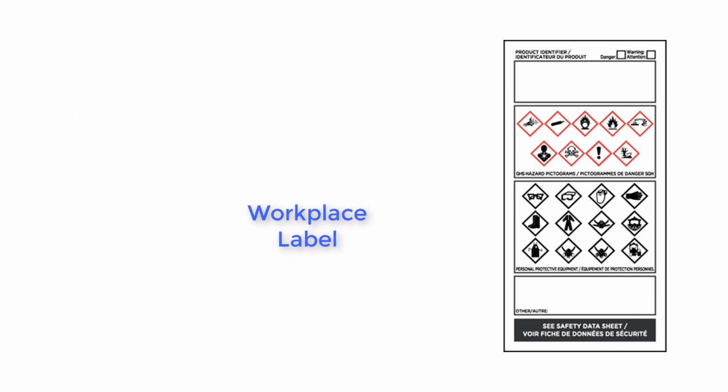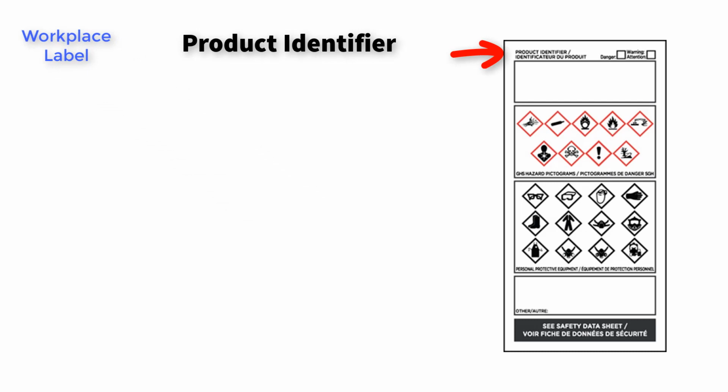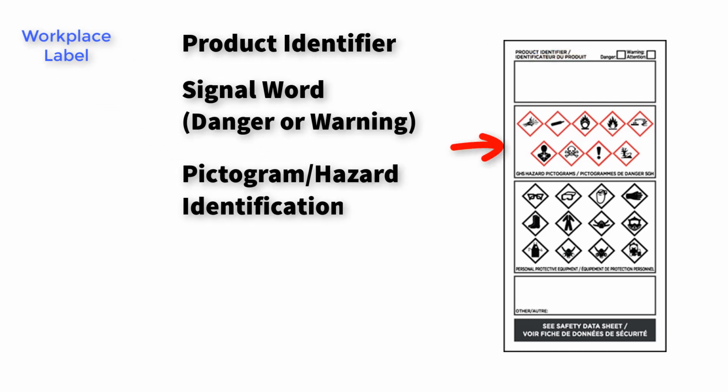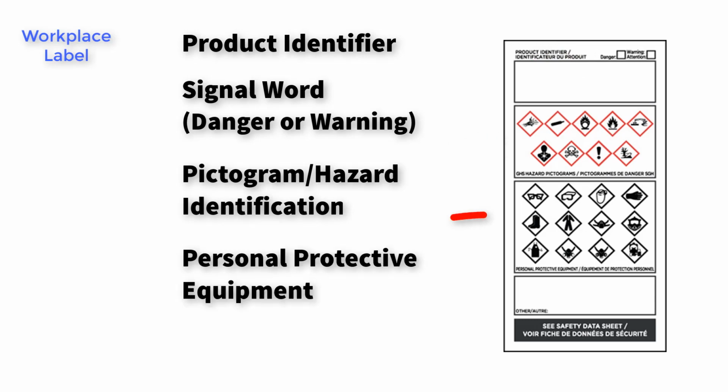Workplace labels require the following information: product identifier, signal word, danger or warning, pictogram, hazard identification, personal protective equipment, and other information.